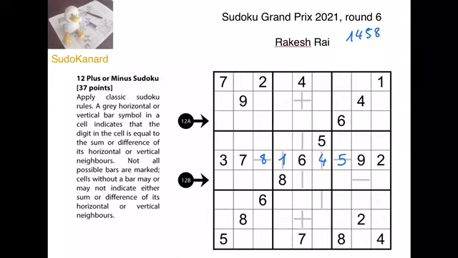And then 6 must be either sum or difference here and there, and same with 7. So we should have a look at how those digits could work.